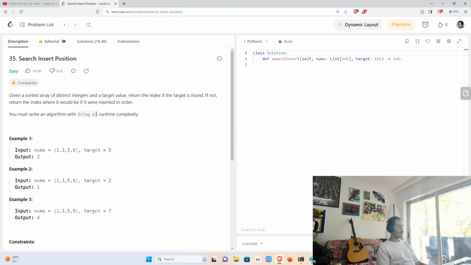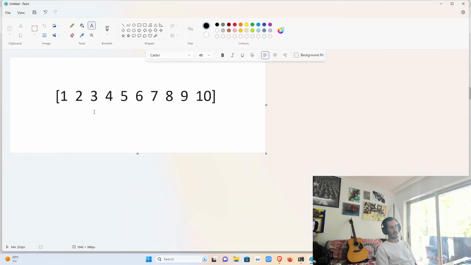In the case of log n, it's pretty much how many times you can divide something by something else.